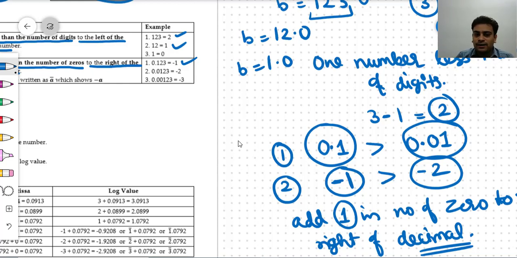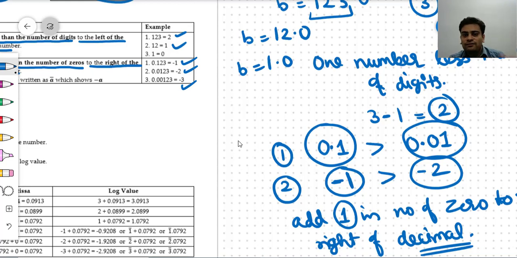In the second example, 0.0123, after the decimal we have one 0 and we need to add 1, so it is equal to 2, and since we need to put a negative sign, it is equal to -2. And in the third example, 0.00123, after the decimal we have 2 zeros, so the number of zeros is equal to 2, and we need to add 1, so it is equal to 3, and the characteristic is equal to -3.